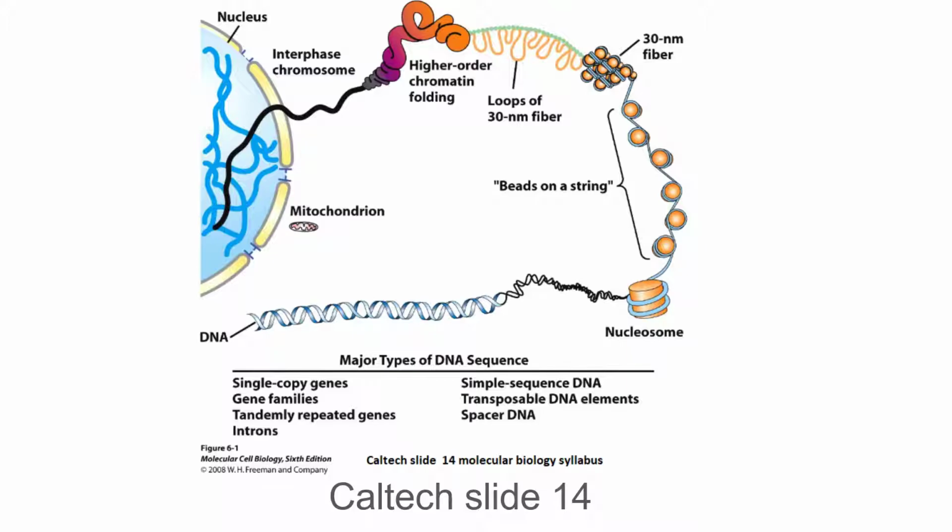So yeah, you have major types of DNA sequences: single copy gene family, tandemly repeated genes, introns. Introns, by the way, are those sequences that don't do much other than shuffling the exons, which are those that are actually going to code for proteins. It's like a stack of cards mentioned in the manga guide.